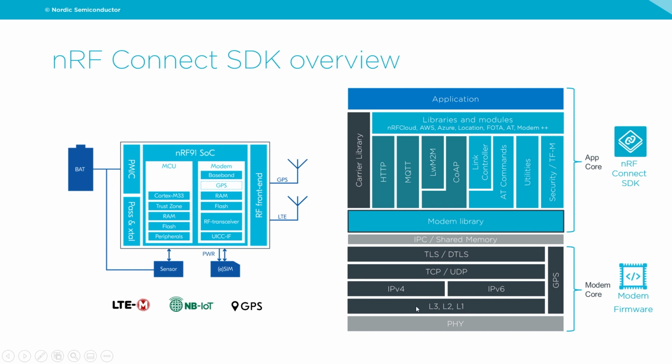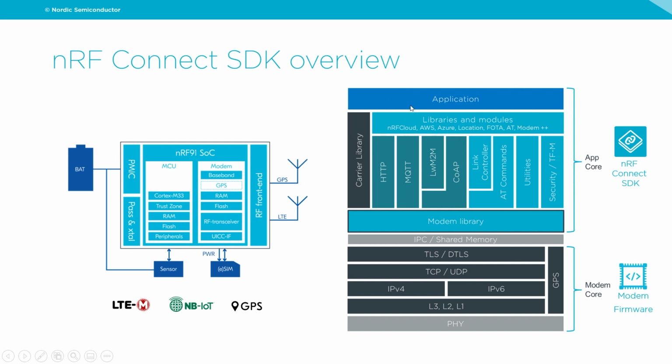It includes the lower layers of the LTE stack, GPS, IPv4, IPv6, etc. Then the modem core communicates with the app core via the IPC shared memory. And then you have the app core side here. Starting from the top, you have the application.